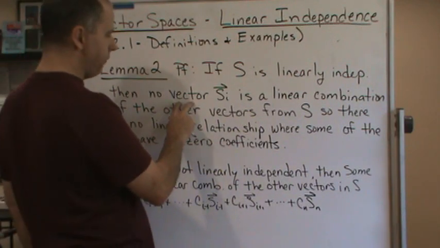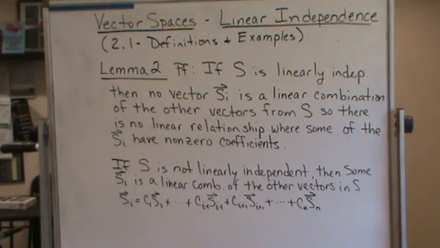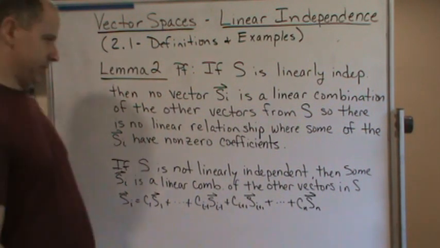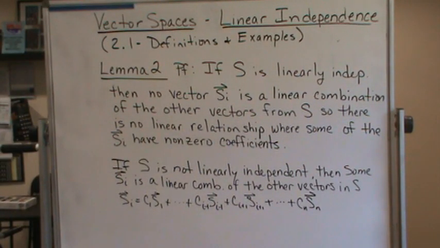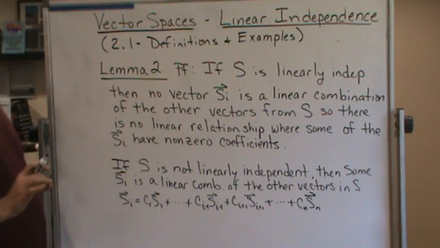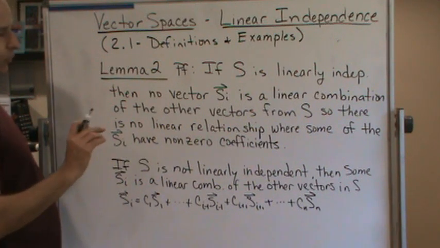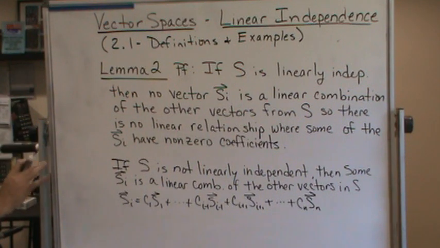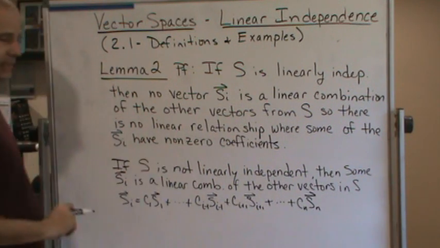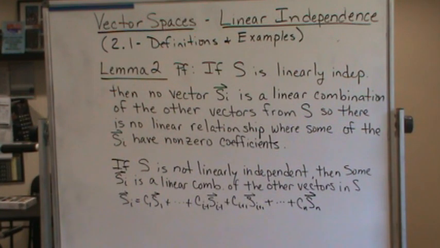Then what that means is no vector S sub i in that set is a linear combination of the other vectors from S. So there is no linear relationship where some of those vectors S sub i have non-zero coefficients. There's just no way, and we know that by the definition of being linearly independent.